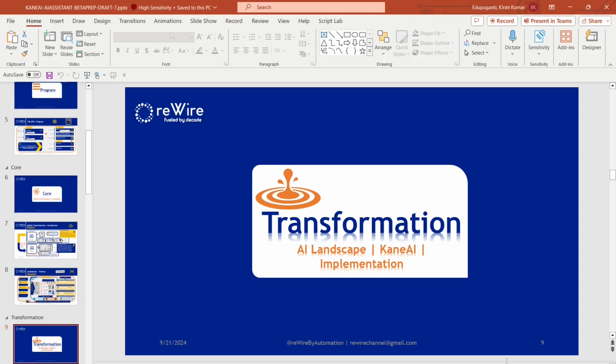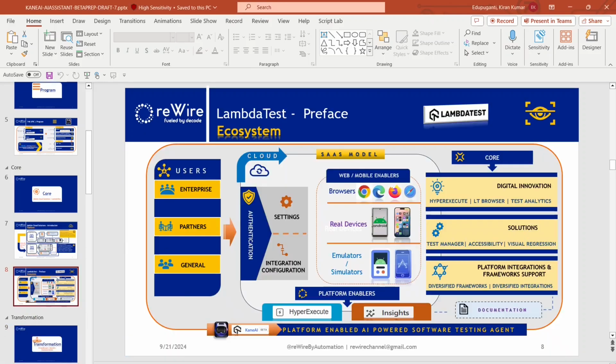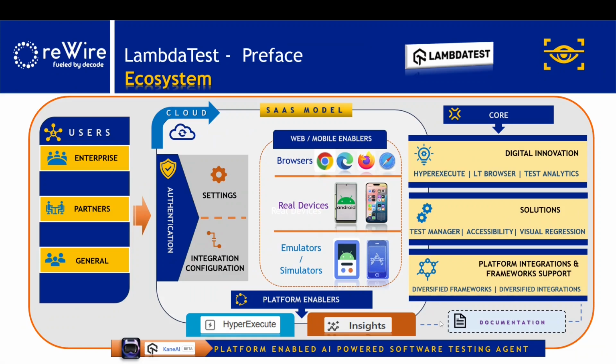So that's all I have on the LambdaTest preface side. Instead of directly entering into KaneAI, I wanted to establish the connection: where we are coming from, where we are going, and what end result we are going to get. Since the platform is available, they have introduced this AI agent.